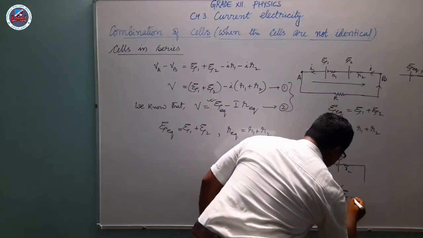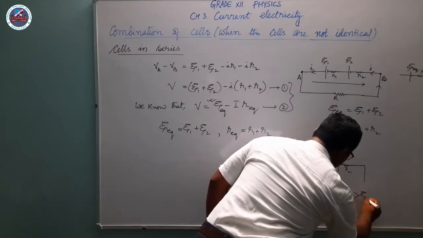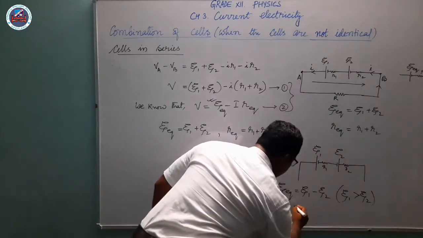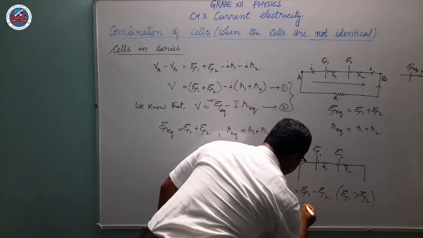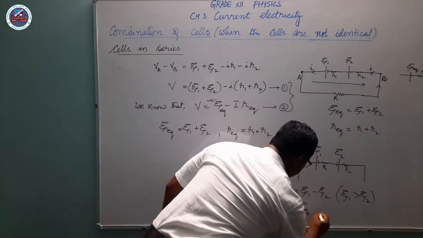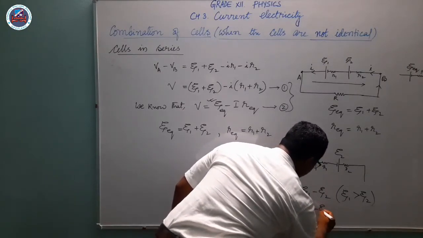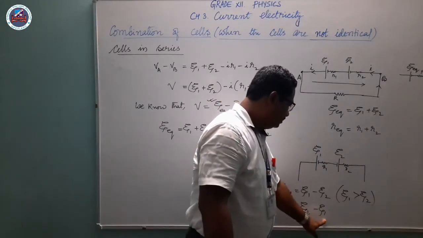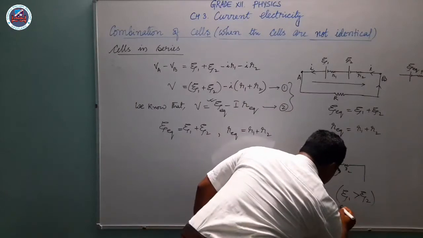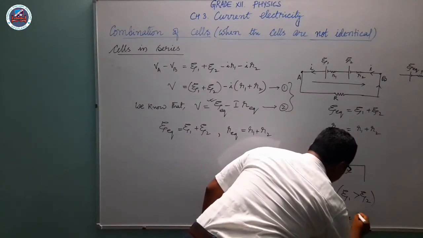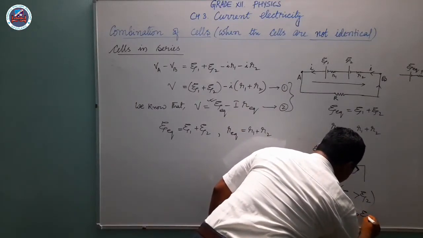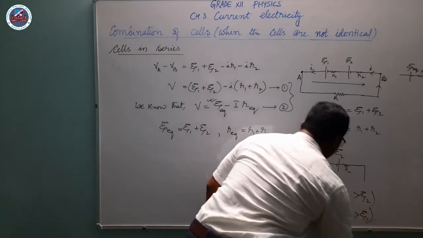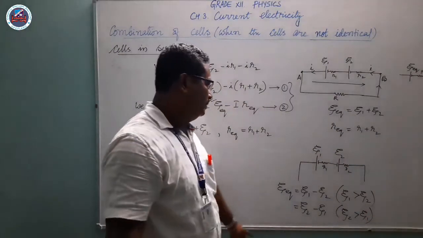If epsilon1 is greater than epsilon2, fine. If epsilon2 is bigger than epsilon1, or the EMF of the second cell is bigger than the EMF of the first cell, it will become reversed: epsilon2 minus epsilon1. Then in that case, the second cell has more EMF than the first cell.